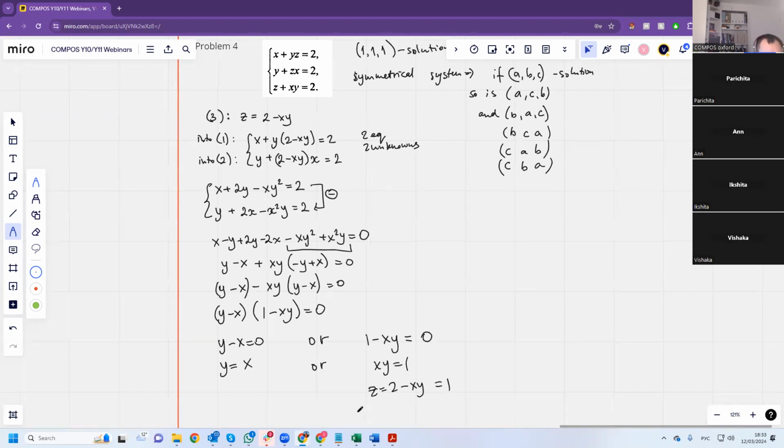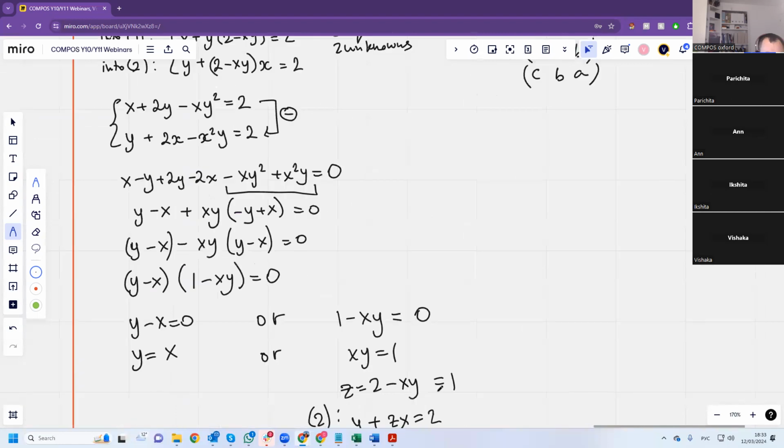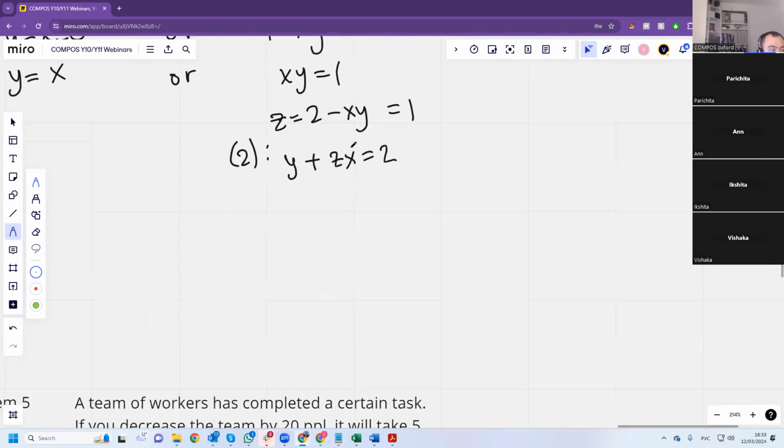So from the second equation, we can take y plus zx equals 2, and from here we can say that x is equal to 1 over y.